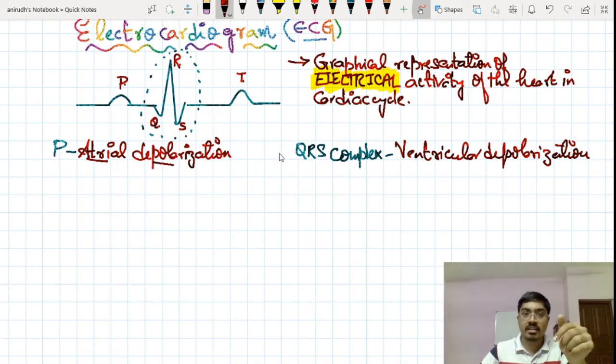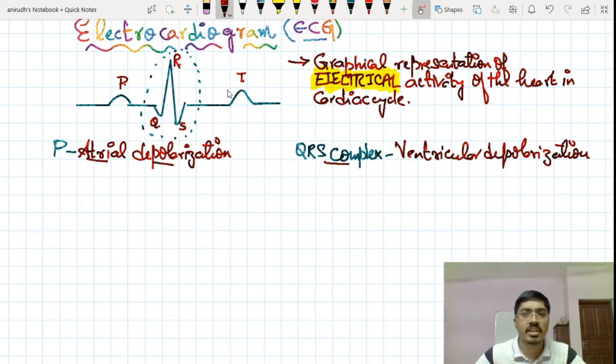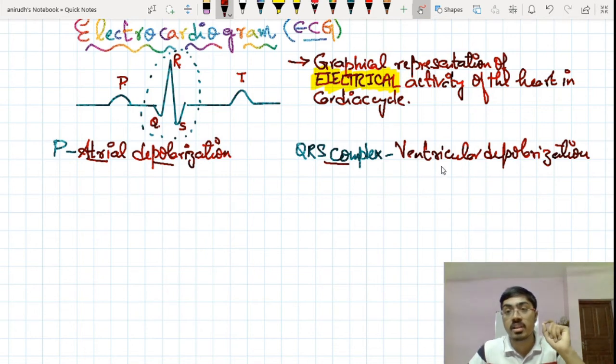So it reaches the ventricle and then comes this particular wave, signifying ventricular depolarization. And finally, after the contraction of the ventricle, before relaxation of the ventricle, there should be ventricular repolarization. That means the current flows in the opposite direction. That is why you are having a T wave here. So the QRS complex is for ventricular depolarization.